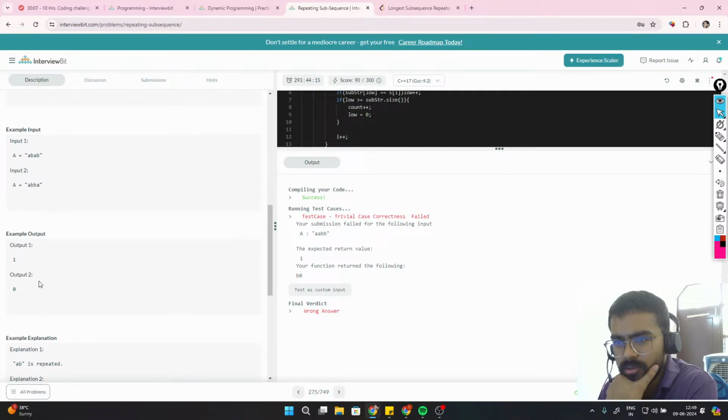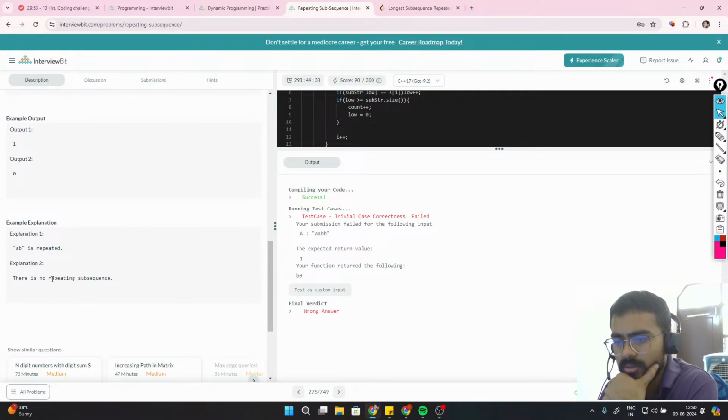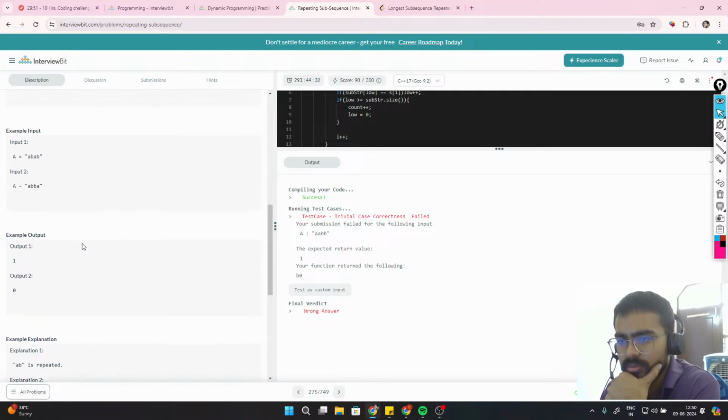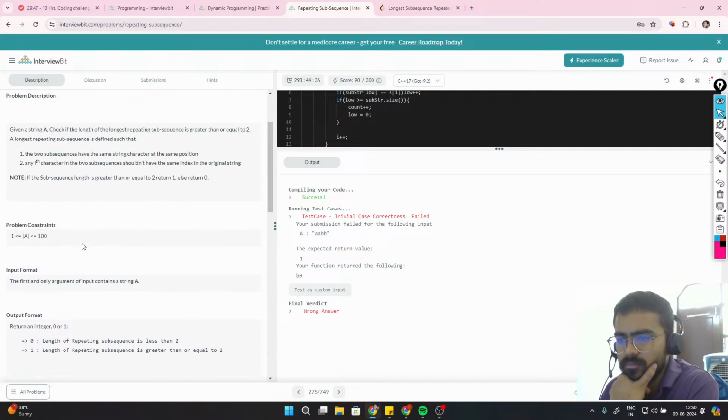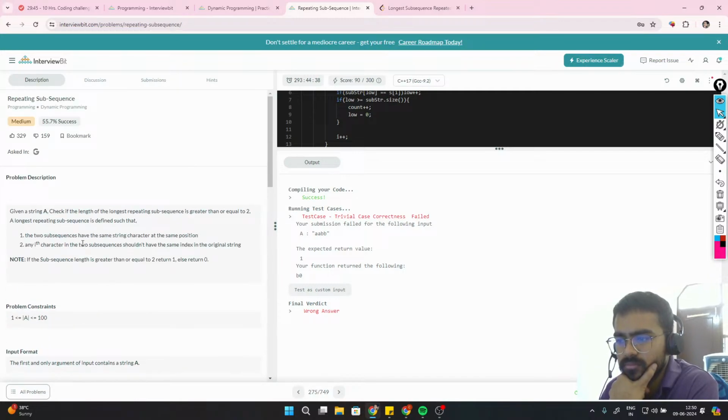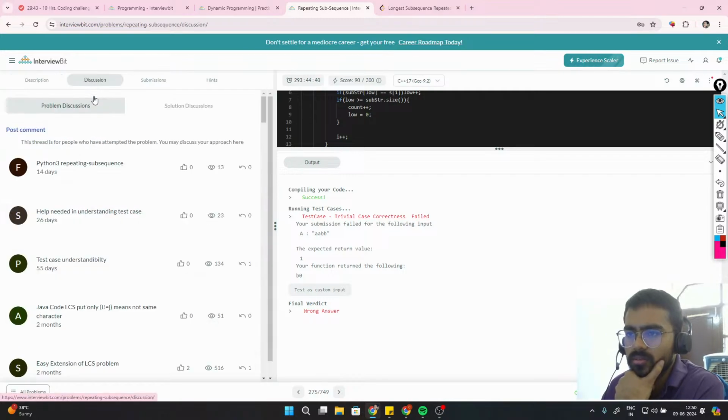First, AB is repeated twice. In the second example, B is repeated twice. But there is no repeating subsequence. I don't know.